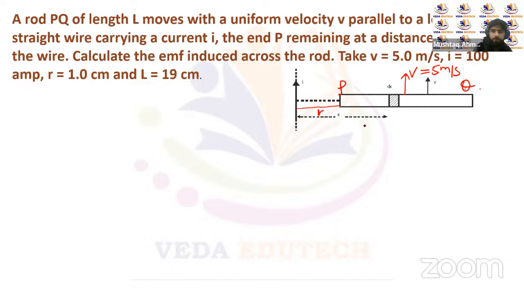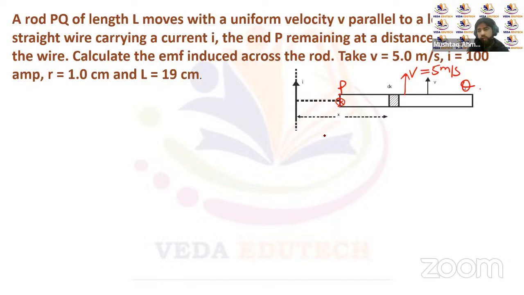You can see how the EMF will be developed through this conductor. This conductor is moving. If we try to calculate the direction of the magnetic field vector with respect to this velocity vector, because of the infinite wire, the direction of the magnetic field at this point will be in the downward direction, right?